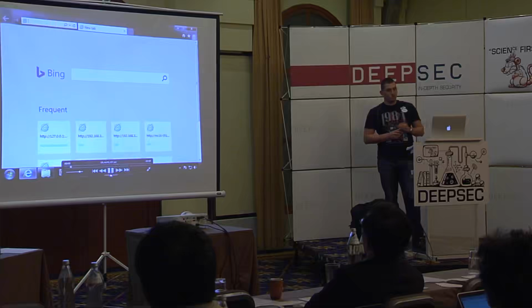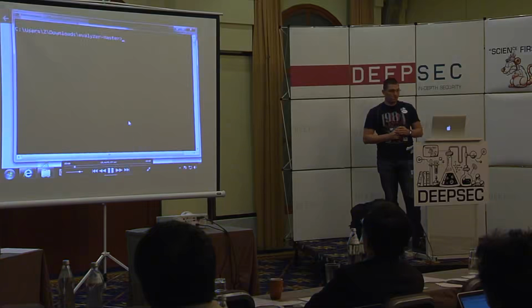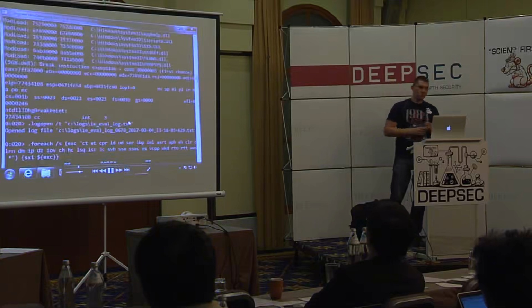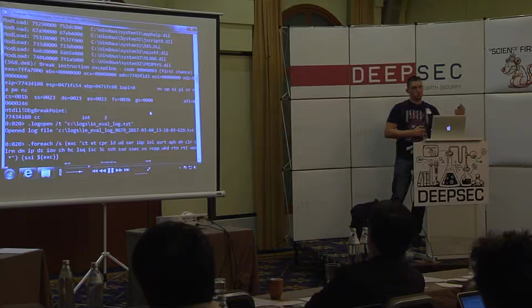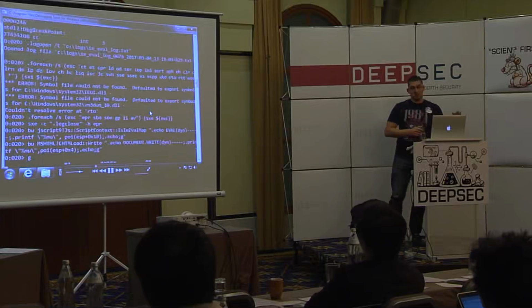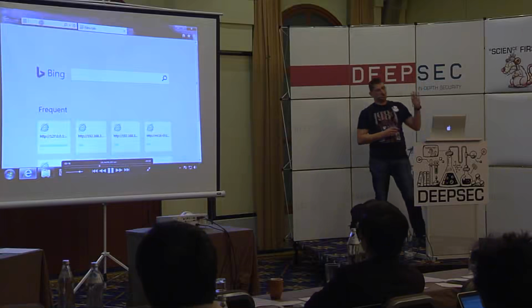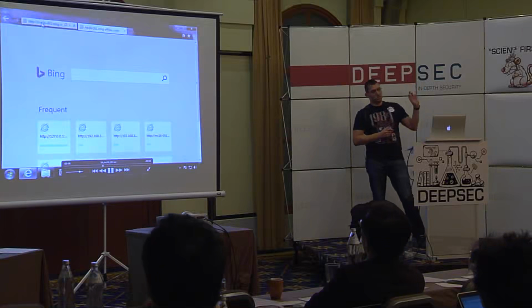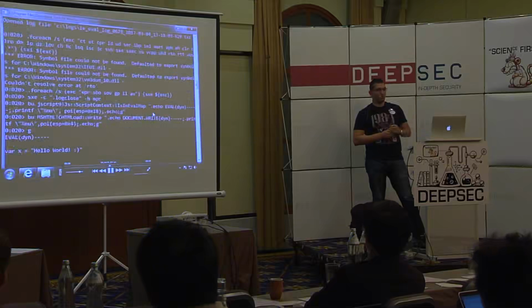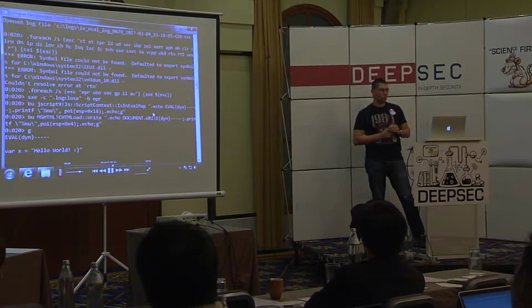So there is this awesome project from another Hungarian guy, and it attaches itself to the browser and hooks key functions, for example the eval function and also the document.write function.